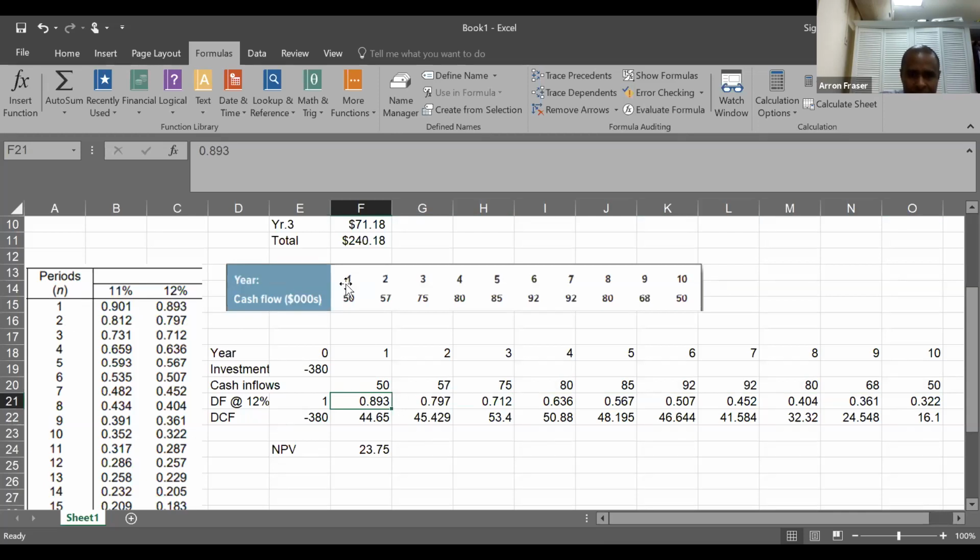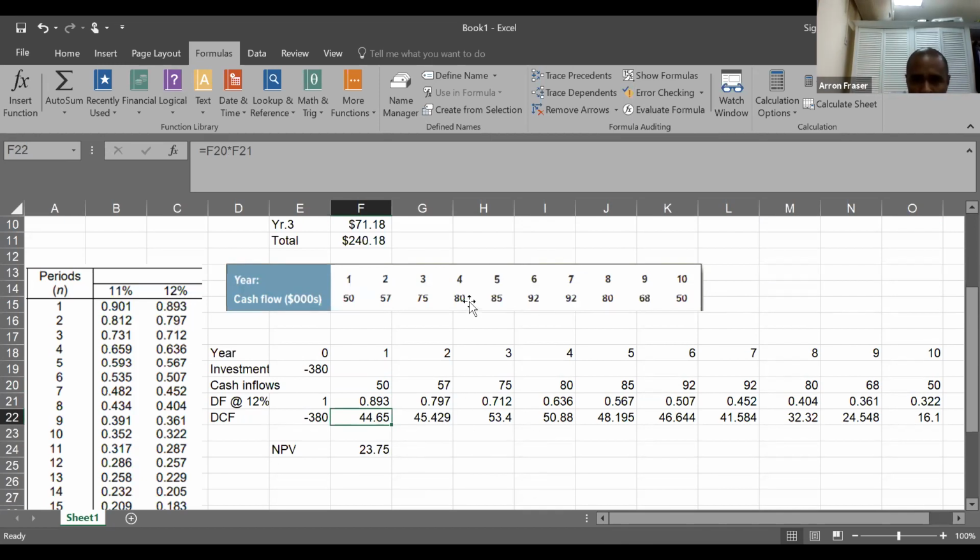Here it says year 1, we expect 50. So we take the cash flow of 50 in year 1, we find the discount factor using 12%, which is 0.893. So we multiply the 50 by 0.893, and we will get the discounted cash flow. And we do that for every year.